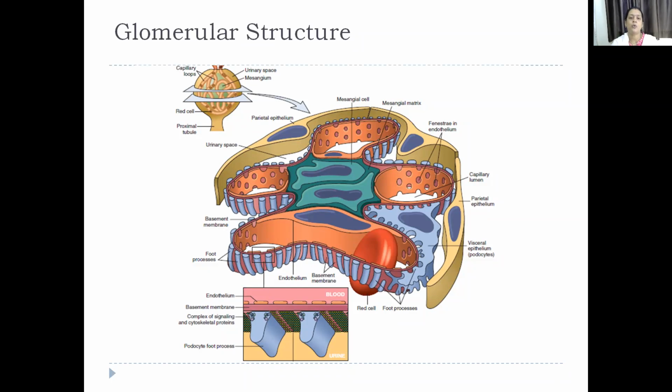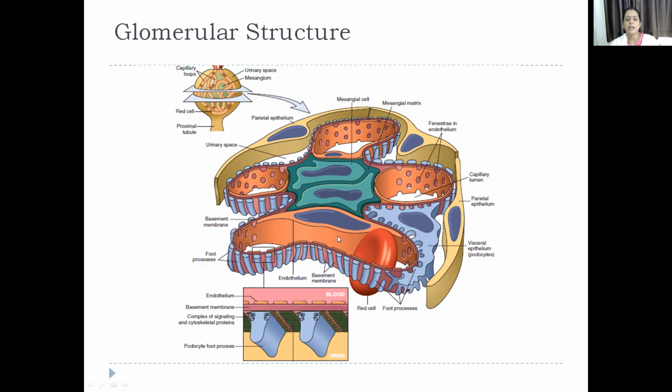So what are the structures that help in the filtration? The first thing is the fenestrated endothelium. This endothelium has 70 to 100 nanometer fenestrations, so that there is the passage of those molecules there.